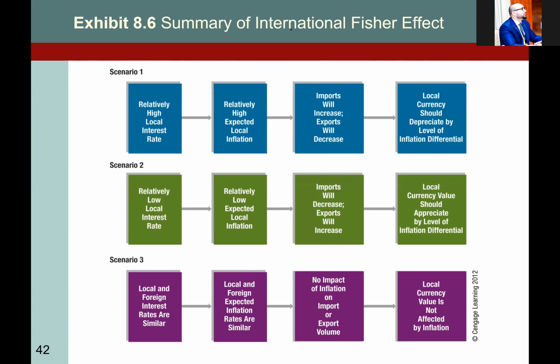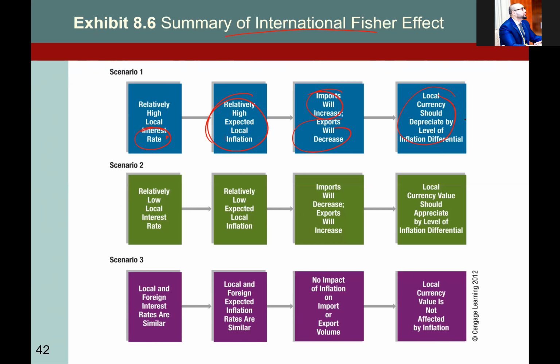So the summary of the international Fisher effect is that relatively high local interest rates mean that inflation is higher. When inflation is higher, it means we can afford foreign products, so our imports will increase, our exports will decrease, and this pushes our currency to depreciate.